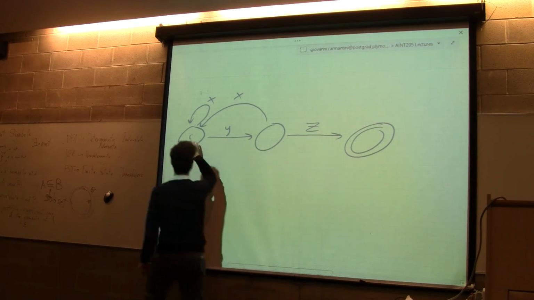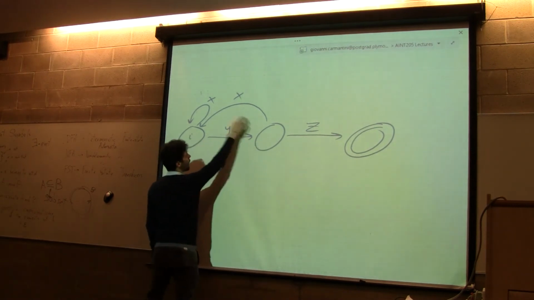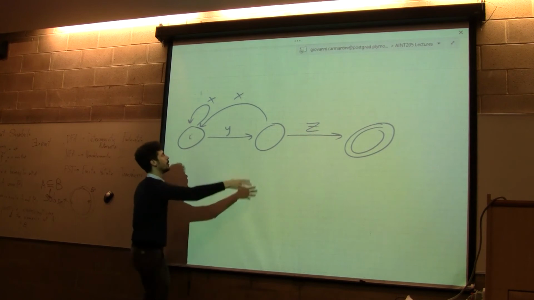If you do, for example, YX, you're not in an accept state, so you must return.